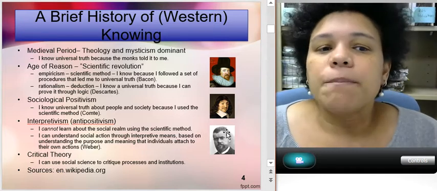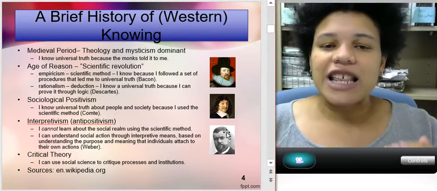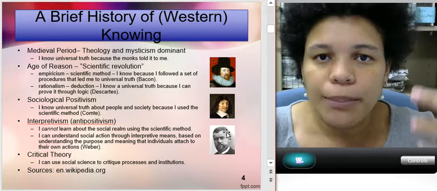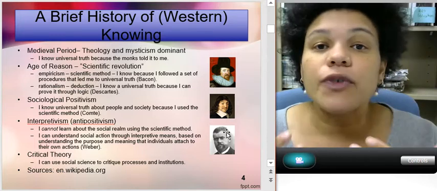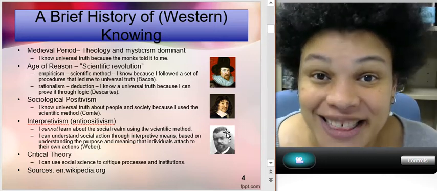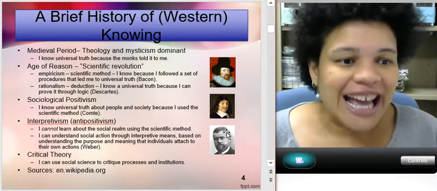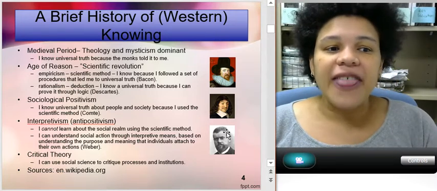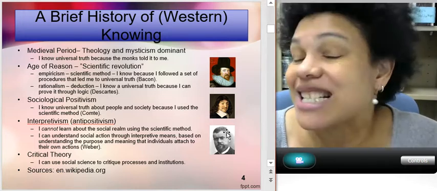But we associate Kant with this idea that we can apply what we believe about the natural world to human behavior. So I know universal truth about people and society because I use the scientific method to find out universal truths about people. Okay? And that kind of is the sociological positivism.